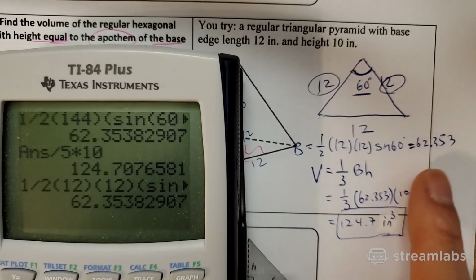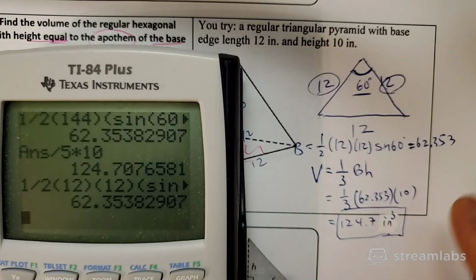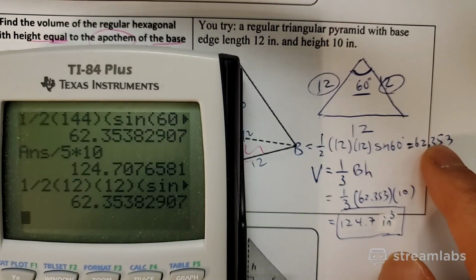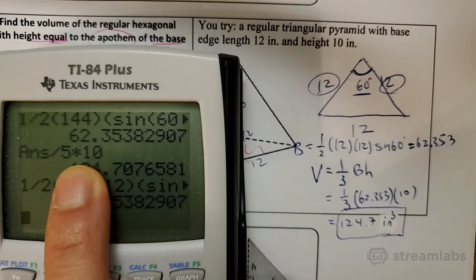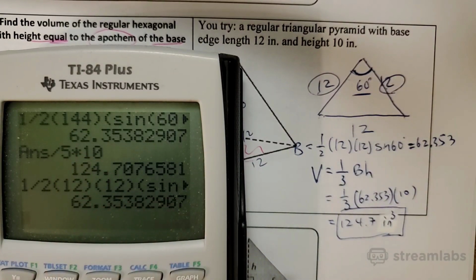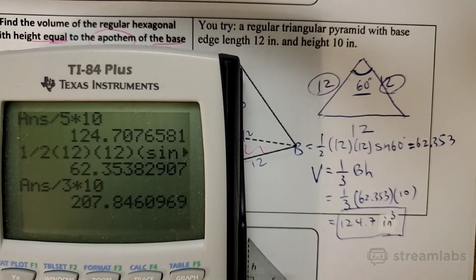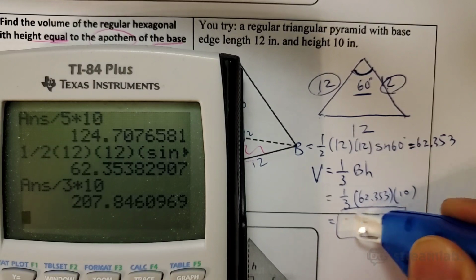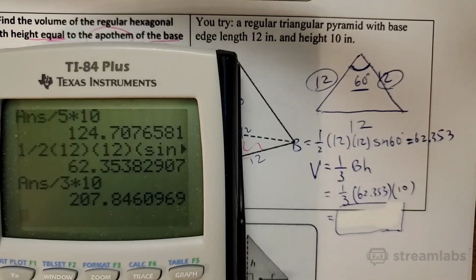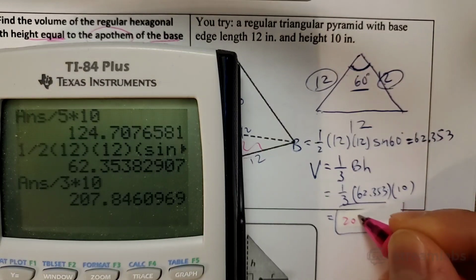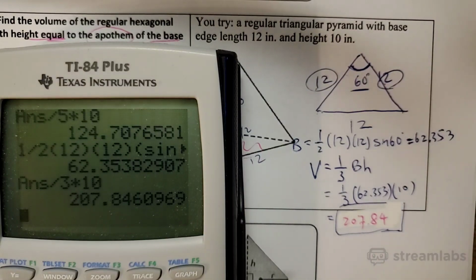I don't know. So 62.35, which is this, right? Base area. Do we get the same base area at least? Oh, fail. Okay, divide by 3 times 10. 207.84, okay?